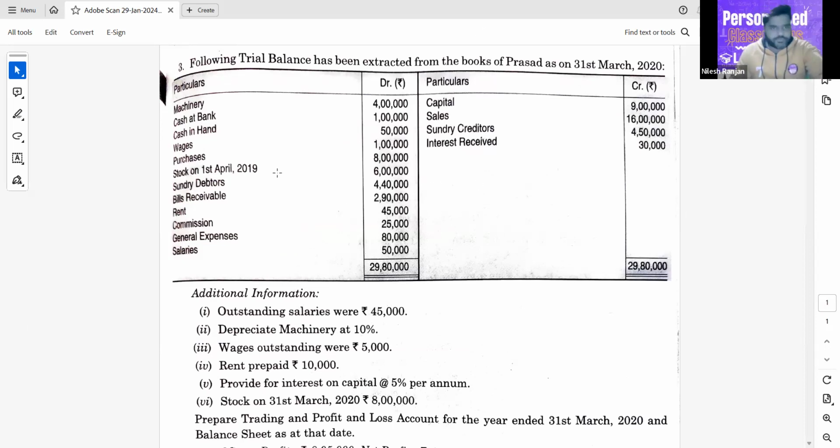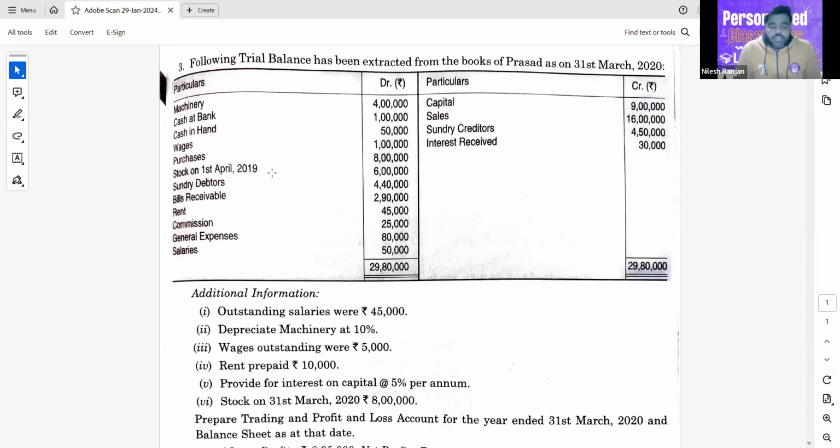Okay. So the first question is: the following trial balance has been extracted from the books of Prasad as on 31st March 2020. There is machinery, cash at bank, cash in hand, wages, purchase, stock on 1st April 2019, sundry debtors, bills receivable, rent, commission, general expenses, salaries, capital, sales, sundry creditors, and interest received.